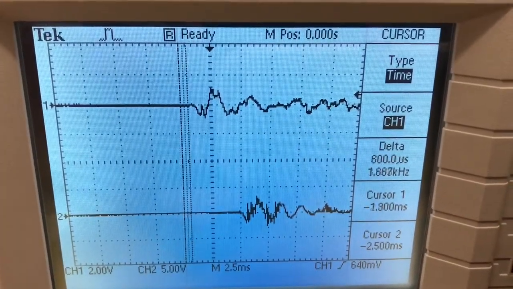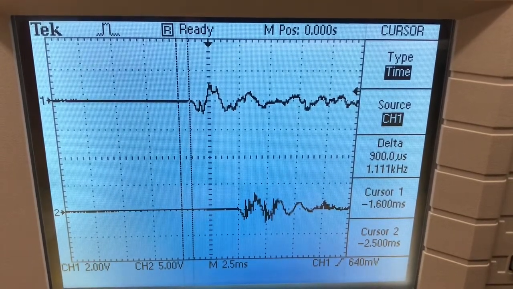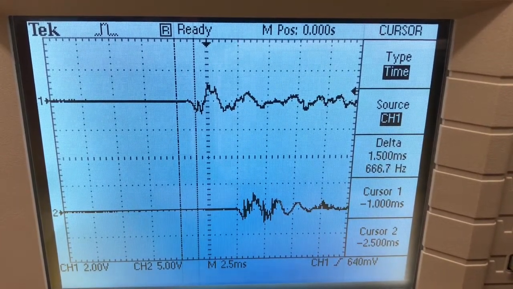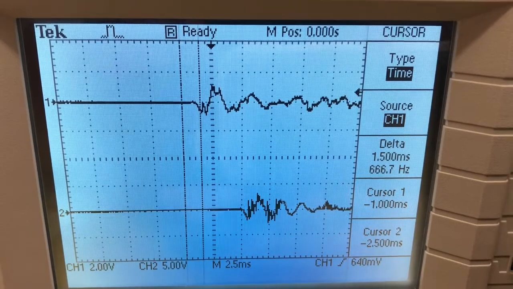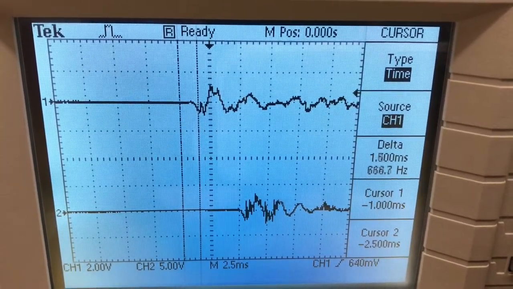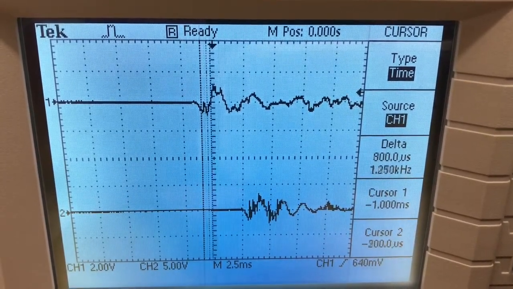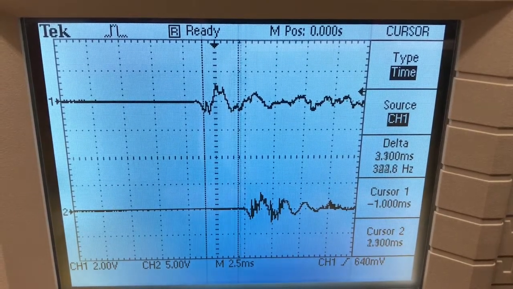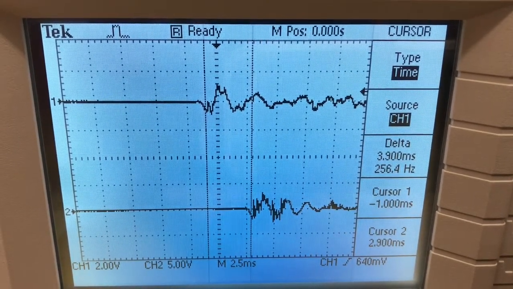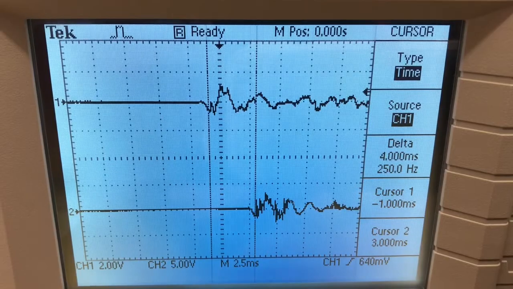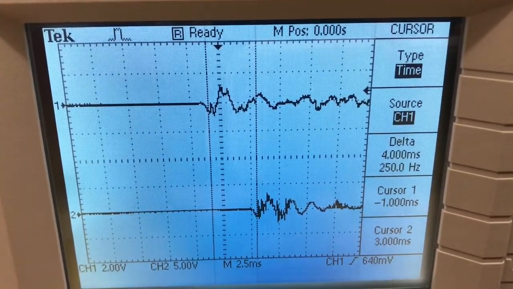If I line up the cursors with this one, we'll take this first little peak of the signal because that's easy to see, and line up the other cursor with the other peak here. It's giving me exactly 4 milliseconds.